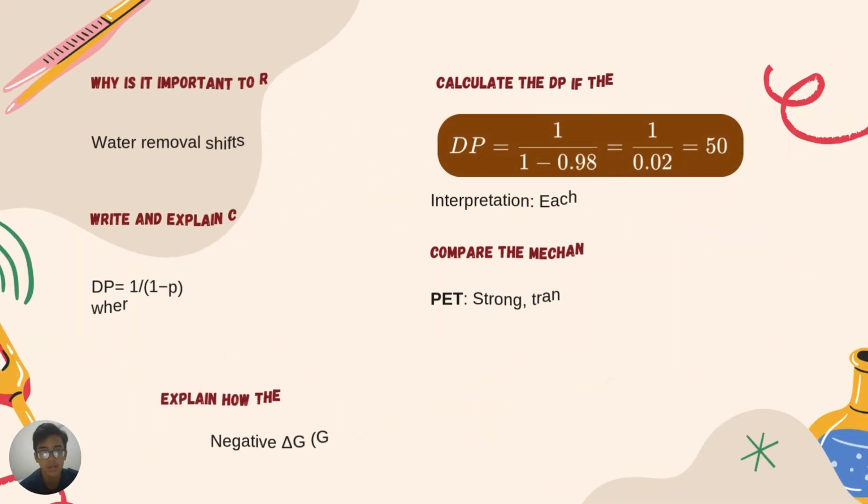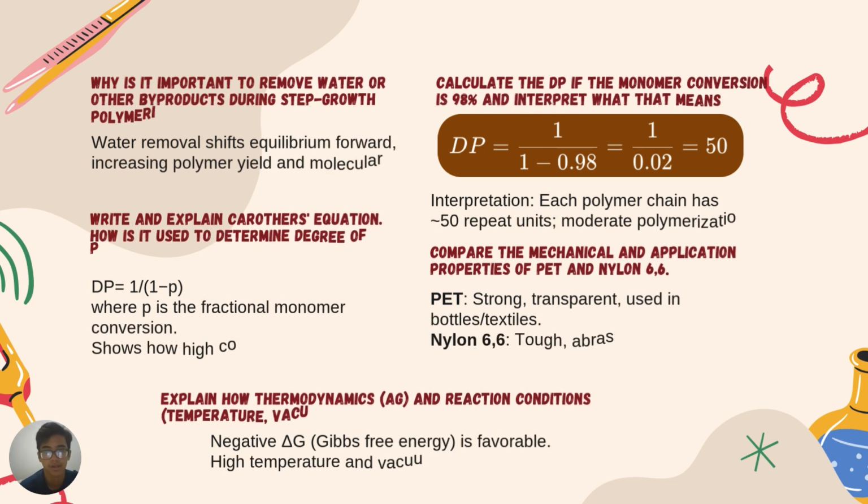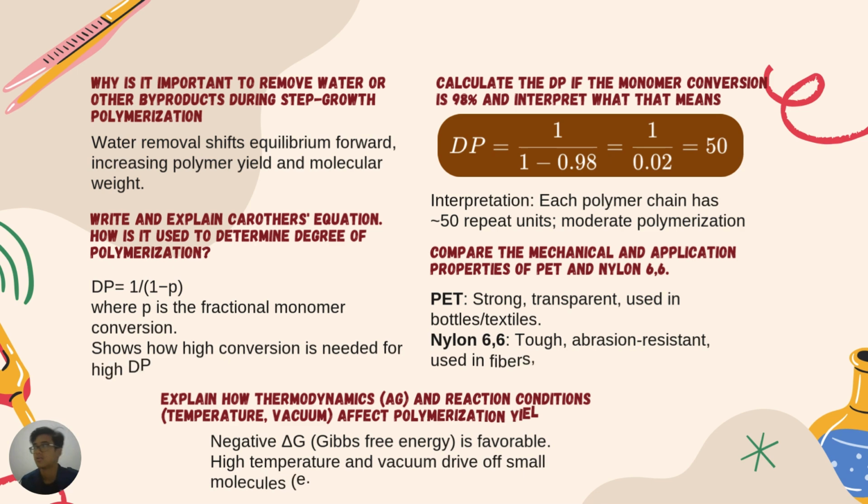Then we move on to why it is important to remove water or other byproducts during step growth formation. As we can see, removing the water shifts the equilibrium forward, increasing polymer yield and molecular weight. We also have to write and explain the Carothers equation and how it is used to determine the degree of polymerization.